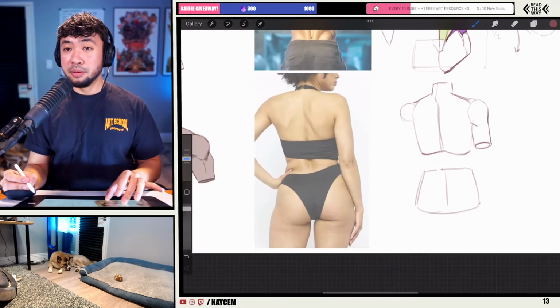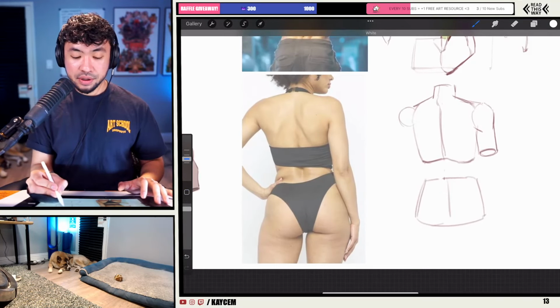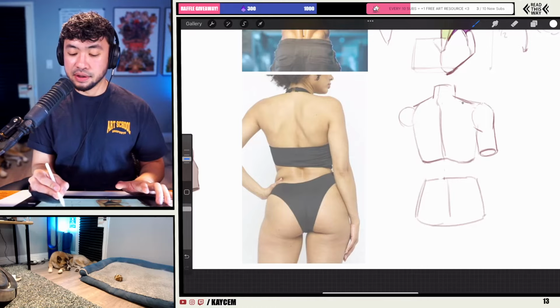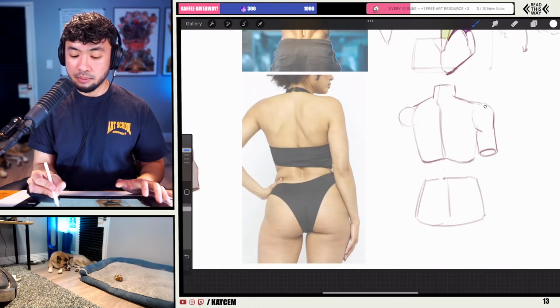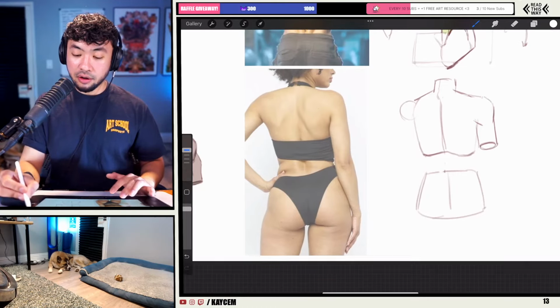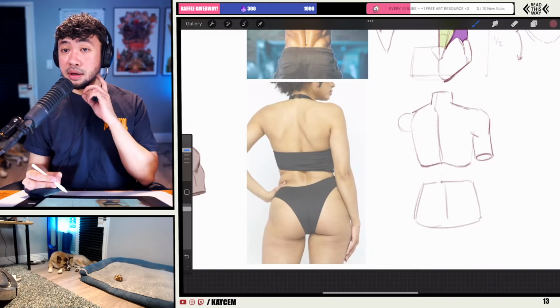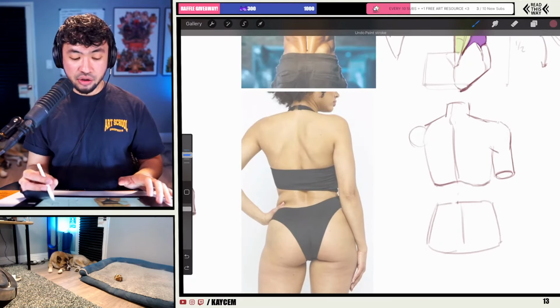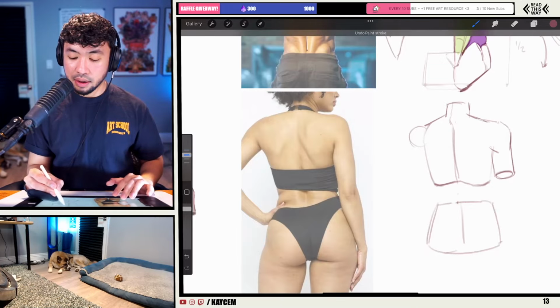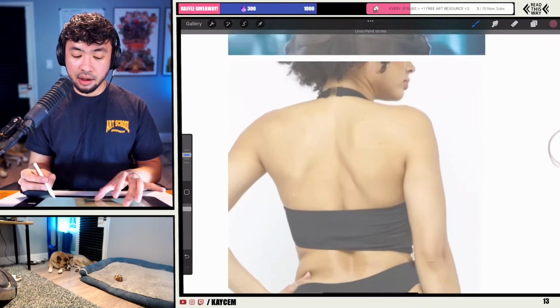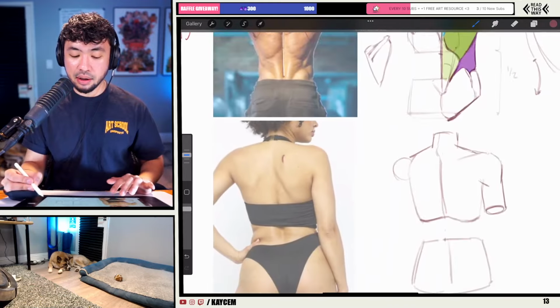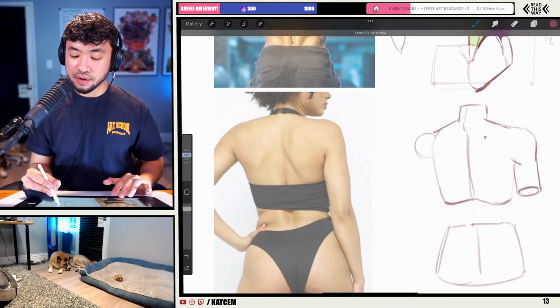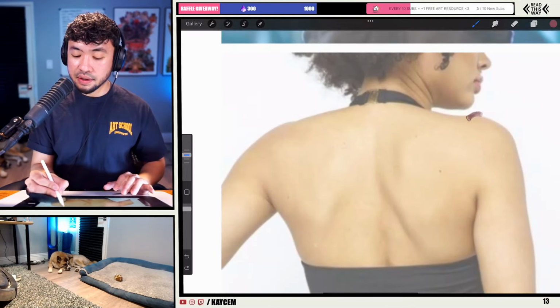So I'm just going to simplify this one out. And then let's talk a little bit about finding some of these landmarks that we mentioned earlier, because it might be tricky, right? So one of the first ones to look for is actually going to be the scapula right here, which you can actually kind of see this bump right here is going to be that top portion of the scapula. Then we're going to find this nub right here.